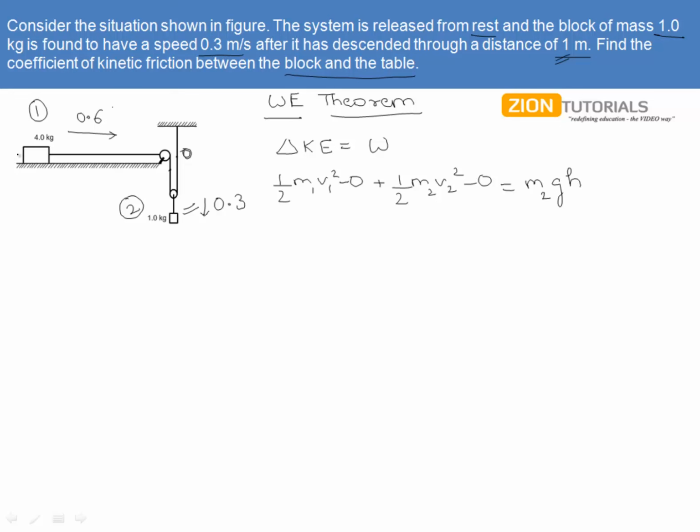But the frictional force will be in the opposite direction, so it will have a negative work done over the system. So it will be minus mu n s, where n is the normal reaction and s is the displacement.